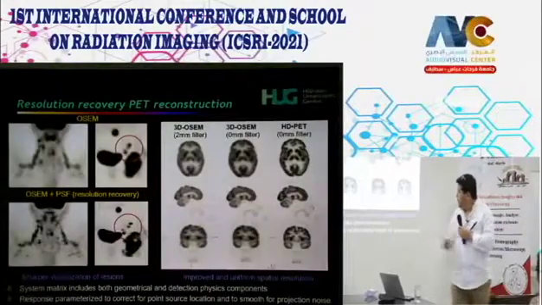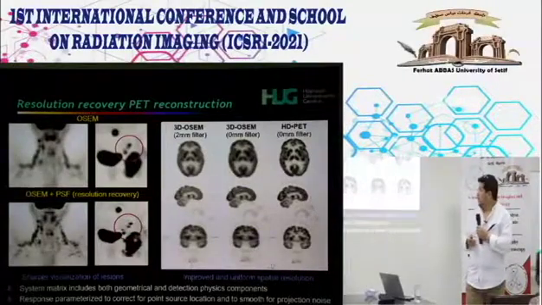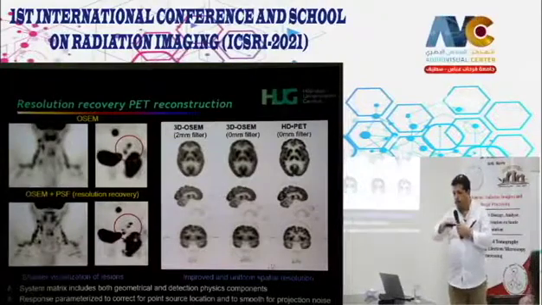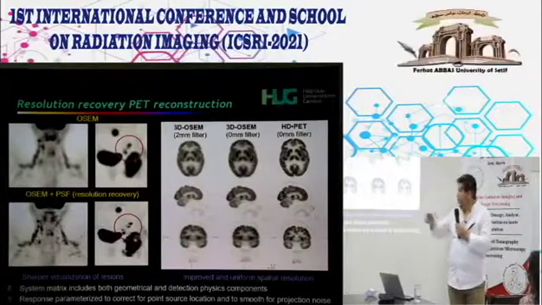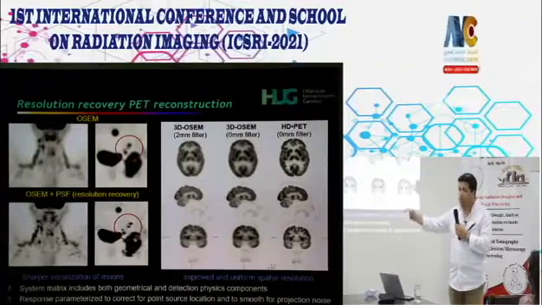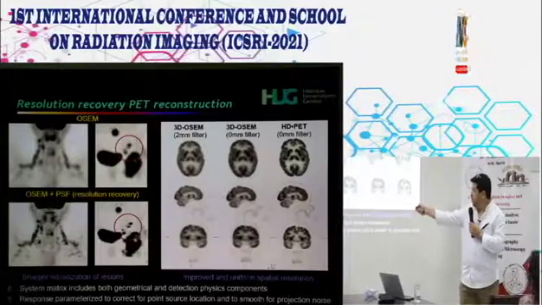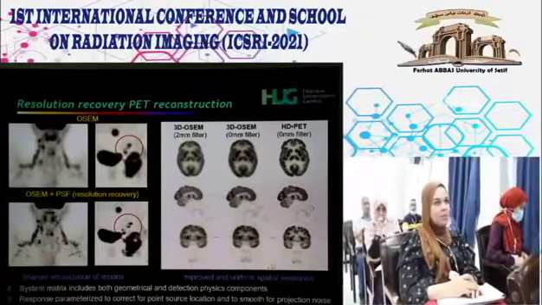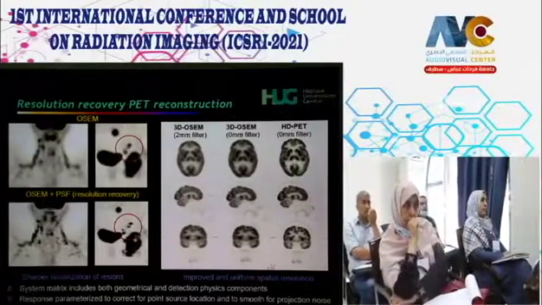There is another concept that we call resolution recovery, statistical reconstruction, and basically the idea here is that depending on where you are in the transaxial field of view, the spatial resolution is going to vary. So for instance, you get a very good spatial resolution here, 2 millimeters, and then when you go off center by 10, 15 centimeters, the spatial resolution usually degrades because of the cylindrical geometry of the scanner and the associated artifacts.